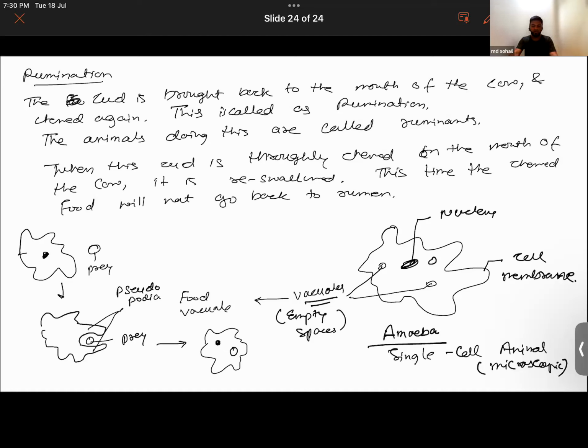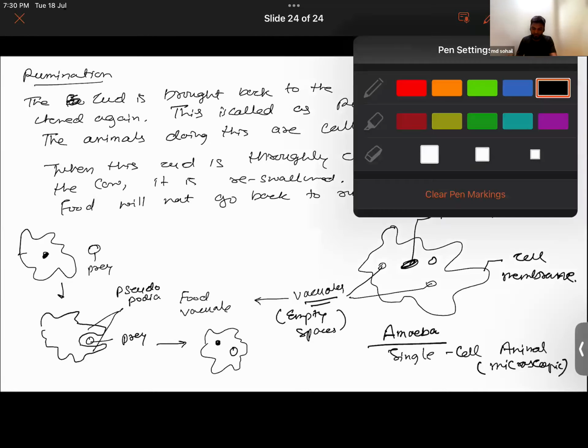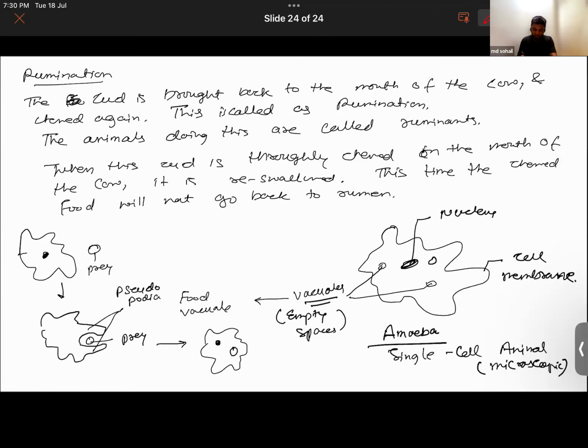So the food particle here has been engulfed by the amoeba. How did it engulf? The two pseudopodia you are seeing here, this one and this one, later joined, and the prey is now inside the body of the amoeba and has been trapped. Now, we talked about the vacuole as well.